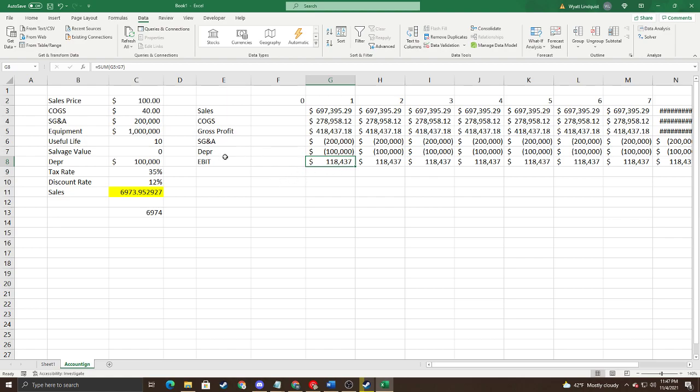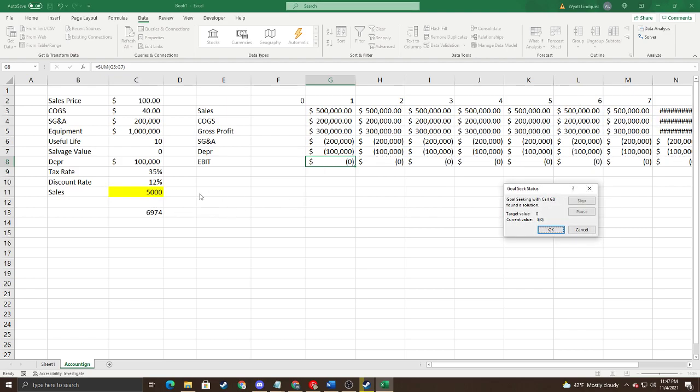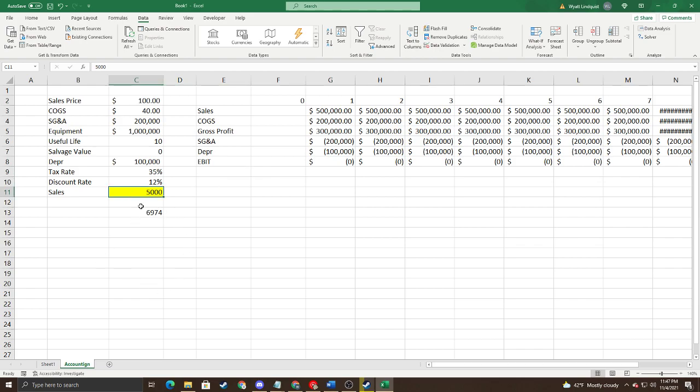That is our goal. We just want our earnings to be 0. So what we're going to do is hit what if analysis, goal seek. We're going to set that cell to 0 by changing the sales. Boom, 5,000. So our sales of 5,000 is our accounting break even.